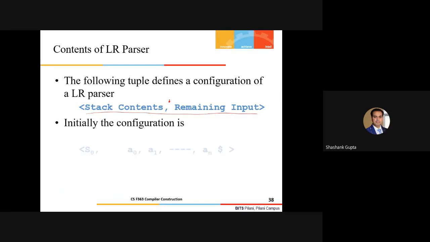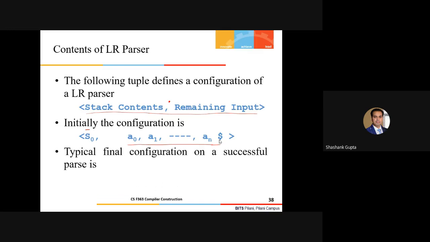Initially the configuration is the initial state on the top of the stack, and this is my complete input which I am supposed to parse, followed by the dollar symbol. And what should be my final configuration, where I should accept?